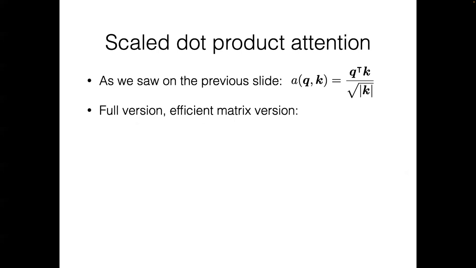And if you read through the paper or look through implementations of transformers like the one in the homework, then you'll see this implemented in this kind of efficient matrix form. What this is saying is that instead of a single query vector and single key vector, we're going to have multiple. Here we have all of the queries for an entire sequence, and we stack them and have this matrix, which is sequence length T times our dimension.